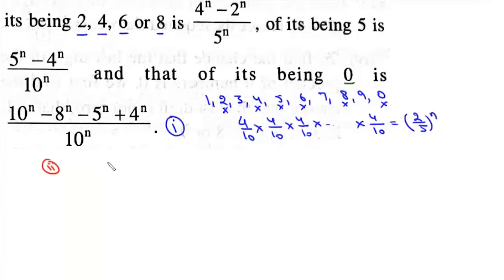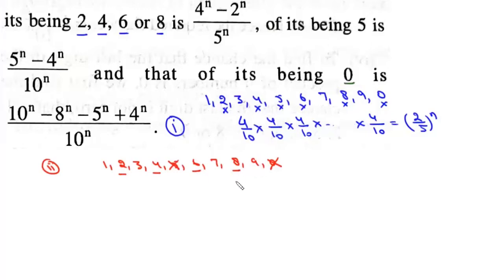Now if it is 2, 4, 6 or 8, then from these 10 numbers 1, 2, 3, 4, 5, 6, 7, 8, 9, 0, it should not have 0. It should also not have 5, and it should have at least one of 2, 4, 6 or 8.